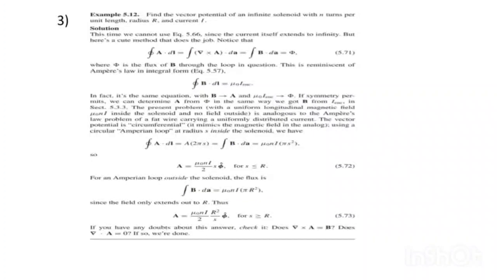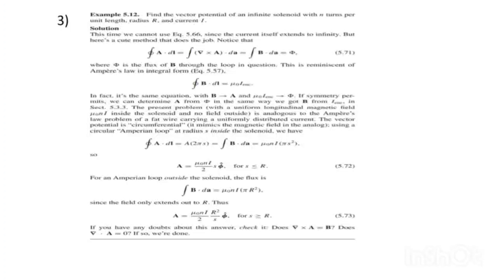The vector potential is circumferential. Using a circular Amperian loop of radius s inside the solenoid, we get the closed integral of A dot dl equals A times 2 pi s, which equals the integral of B dot dA, which equals mu naught n I times pi s squared.